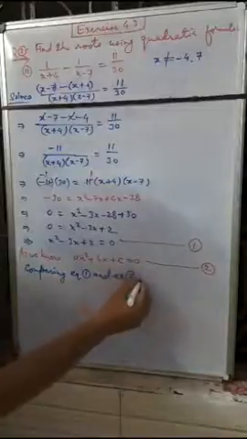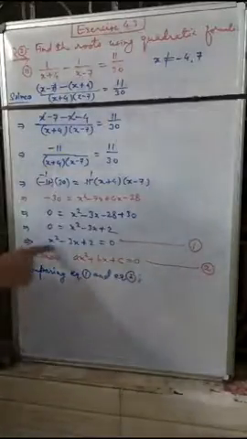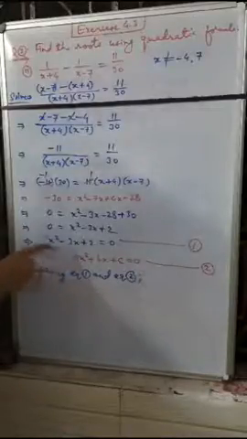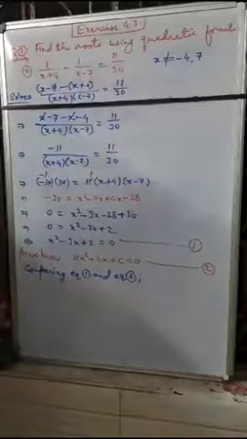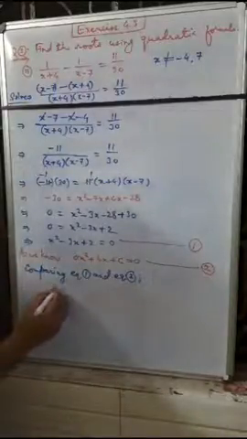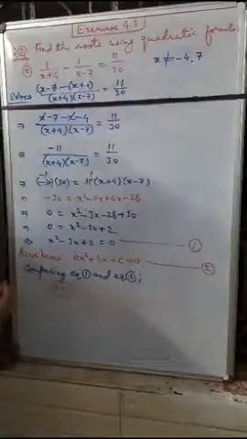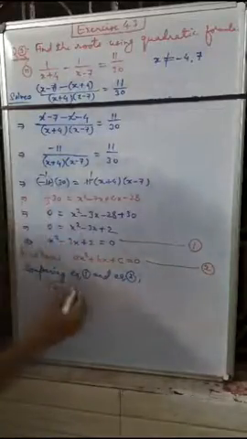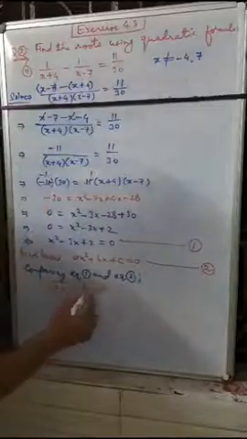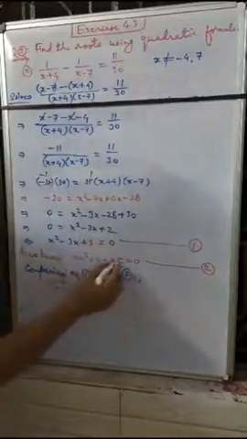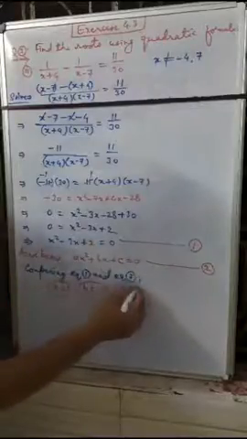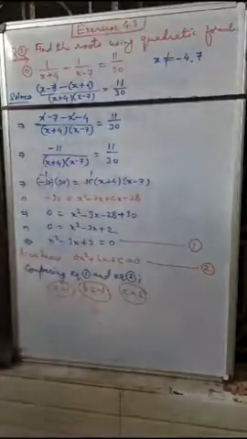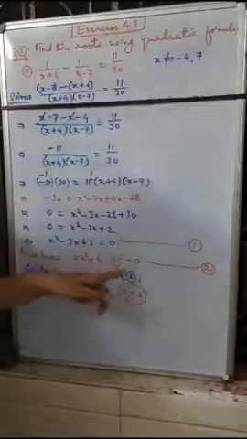The coefficient of x square is equal to a, so the value of a is equal to 1. Next, the coefficient of x is b, which is minus 3, so b is equal to minus 3. Then c is the constant, which is equal to 2. So we got the values of a, b, c by comparing equation 1 and 2.